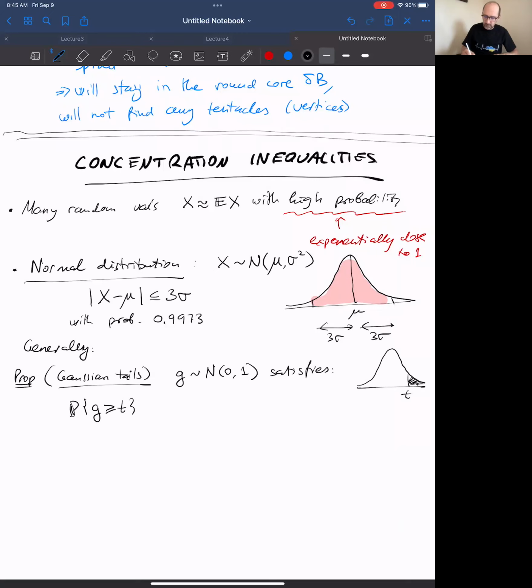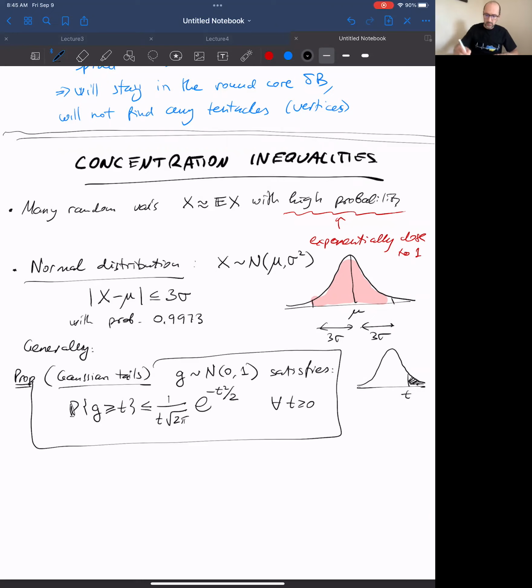We want to say it's very, very small. And it's actually very small, and this is what we'll prove. It is bounded by the standard density, the density of the normal, which means that the tail decays exponentially fast. Actually, doubly exponentially fast, e to the minus t squared over 2.